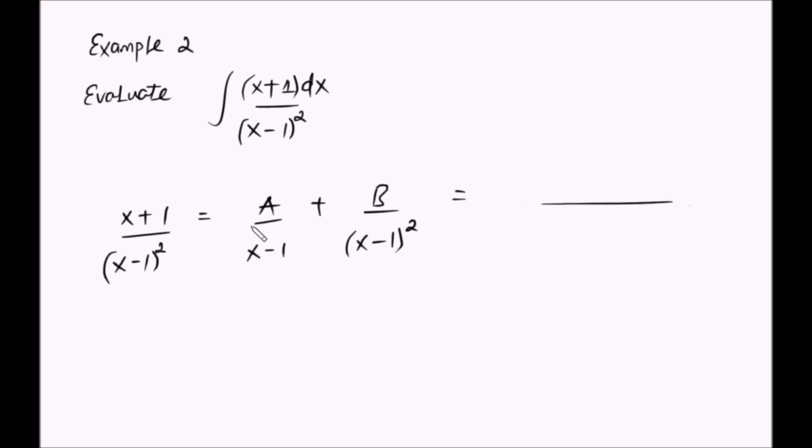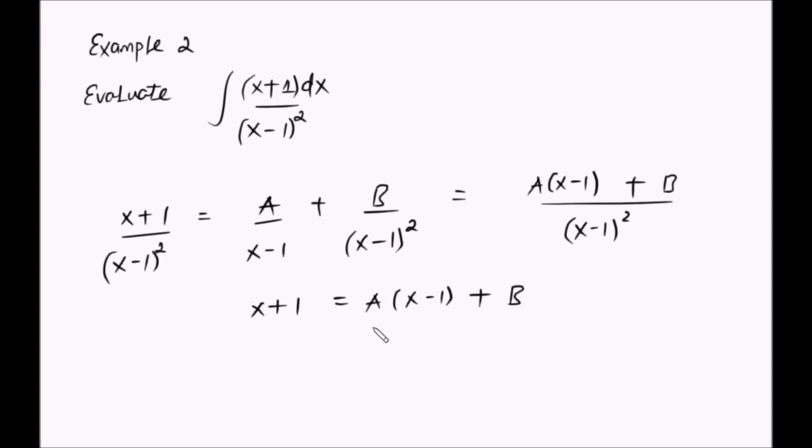So simplifying this side, x minus 1 squared is my LCM. Up here I remain with a times x minus 1 plus b. So you can see the denominators are the same now, so I compare the numerators to find the values of a and b. So how do I get a?